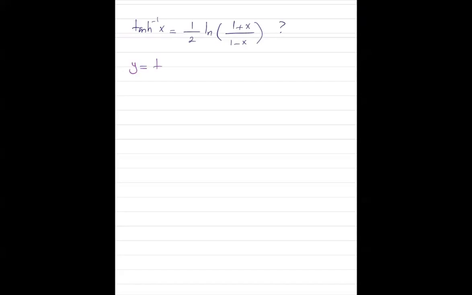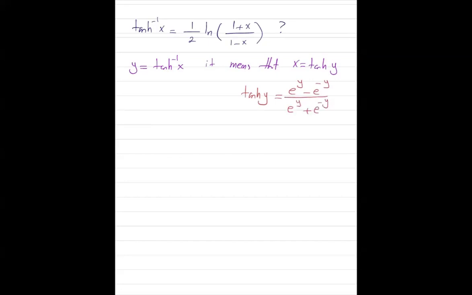Set y equals to inverse hyperbolic tangent of x. What's the meaning of that? It means that x is hyperbolic tangent of y. But remember that hyperbolic tangent of y is e to power y minus e to power negative y divided by e to power y plus e to power negative y.